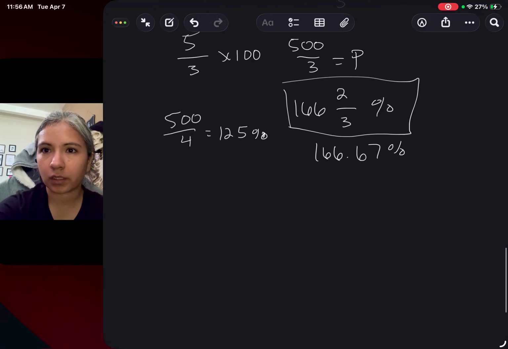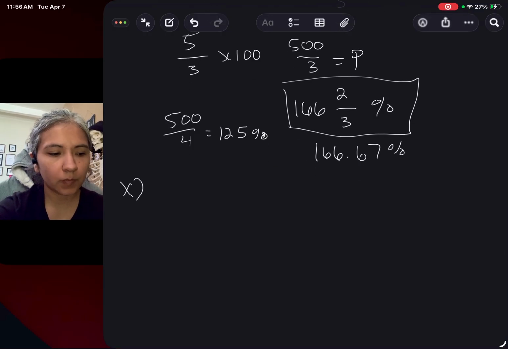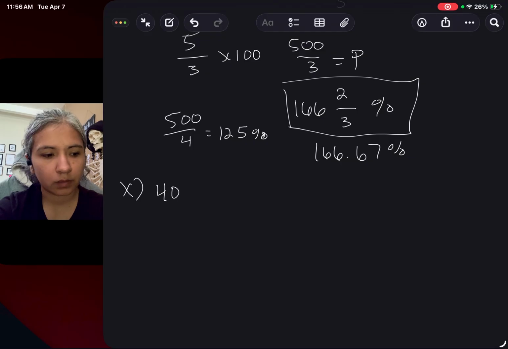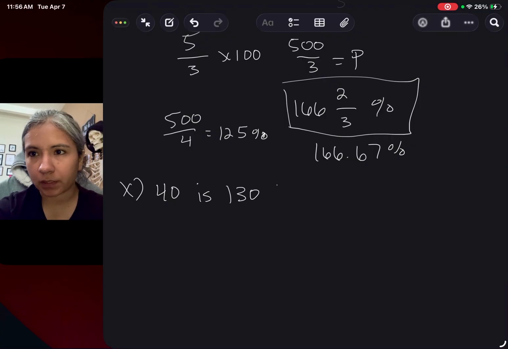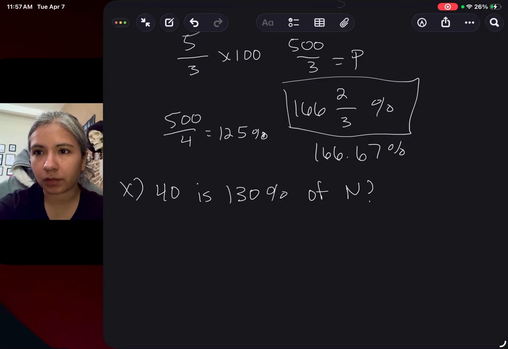So let's do a last example. Okay. Let's say 40 is 130% of what number? So let's convert this into an equation.